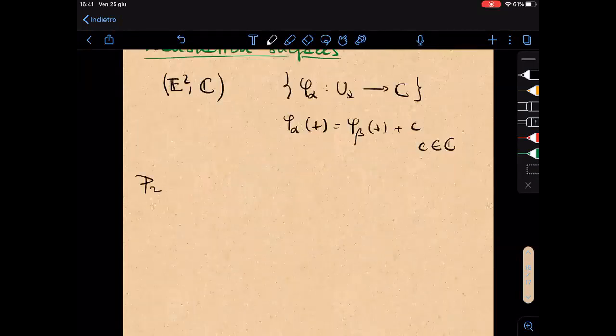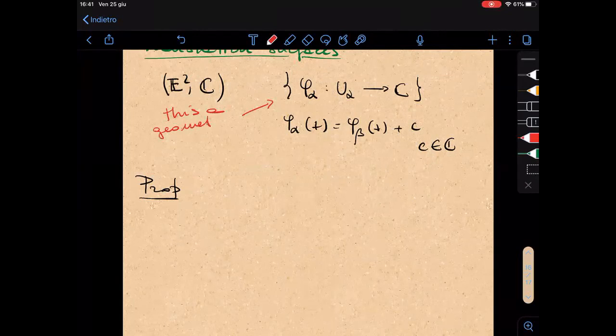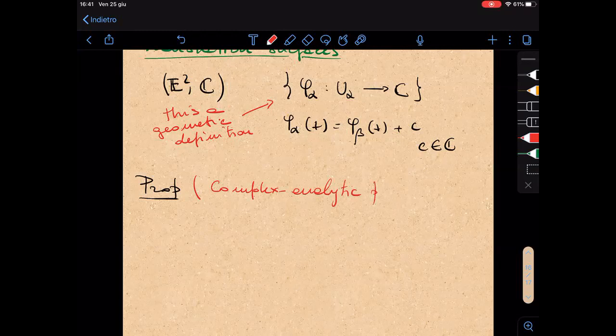But there is a quite standard fact about flat structures, translation surfaces. This notion of translation surface, with maximal atlas taking values in C and transition functions being translations, is a geometric definition, but we can also have some complex analytic point of view.